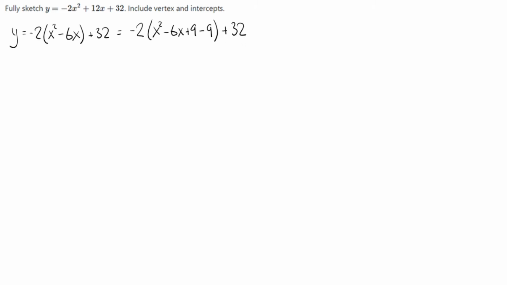At this point, we have a perfect square trinomial right there, which we can factor. So then we have negative 2, and if we factor this perfect square trinomial, we're going to get x minus 3, and then we have the minus 9 plus 32.